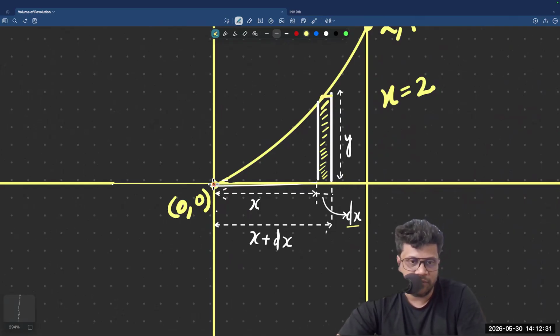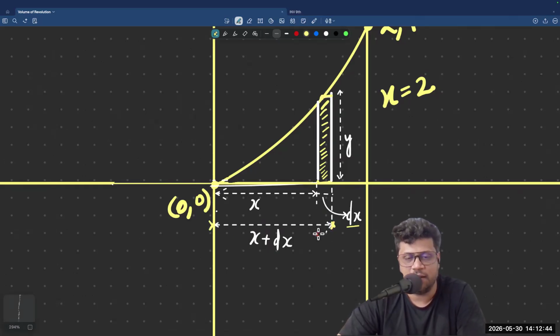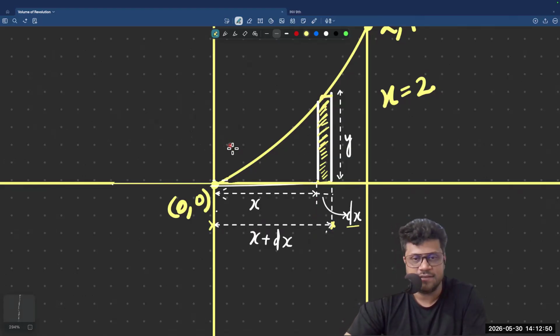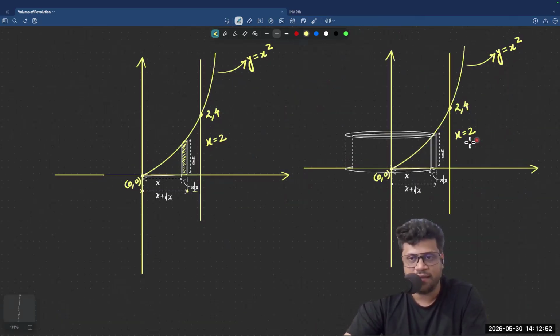If you go from the origin and measure this length, it's the x coordinate of the point. And since the strip is dx in length, this whole length from this point to that is going to be x plus dx. Now, if you rotate this strip about the y-axis, you are going to get something like that.